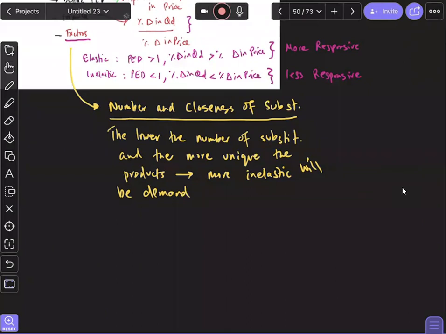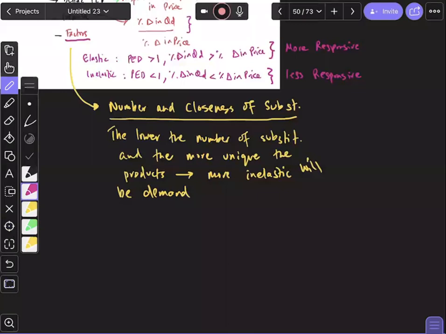If you are very close to another product, it's going to be very easy for consumers to switch to the other product. If you are somebody who drinks cola, for example, you might find Pepsi to be a substitute, but if you have a strong brand loyalty, maybe you might not. So how closely you believe a product is a substitute also matters when it comes to your elasticity.